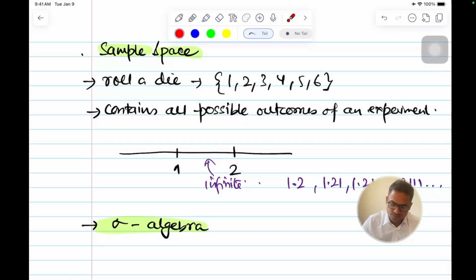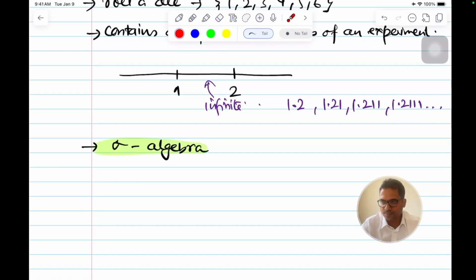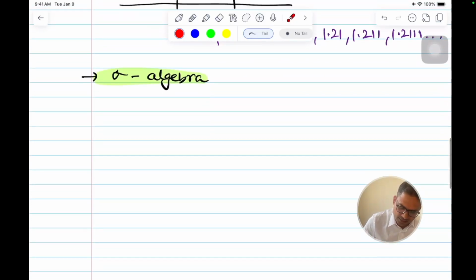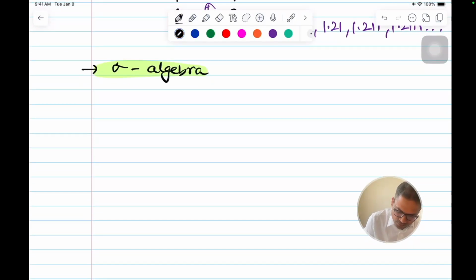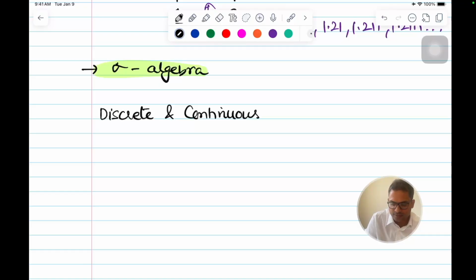Now let's move to the next topic. The next topic is what is discrete and what is continuous. So what is discrete?